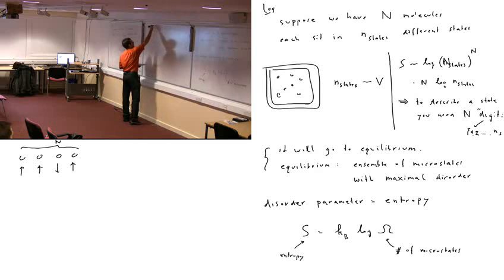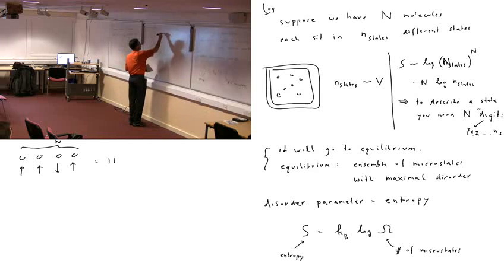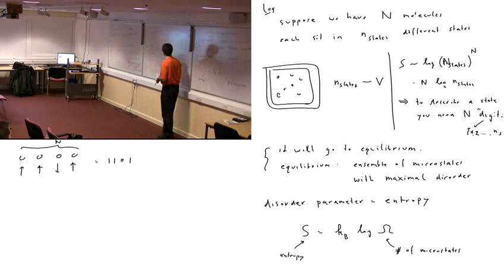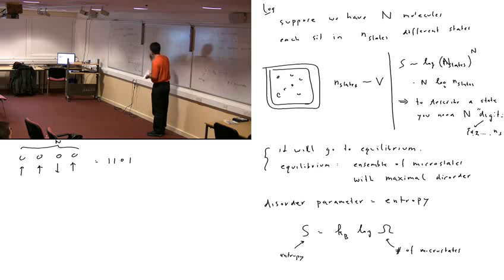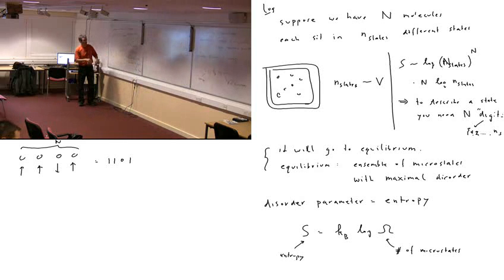Then in order to describe this as a number, I can write 1, 1, 0, 1, a 1 for a spin up and a 0 for a spin down. And clearly I need n digits to describe what this state is. It's a very simple statement. So the entropy, which has a log, is related to the number of bits, or number of digits, that you need in order to describe a microscopic state.